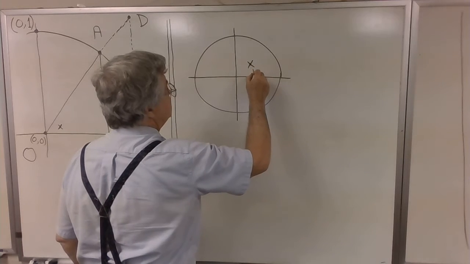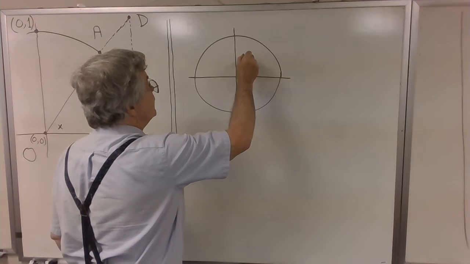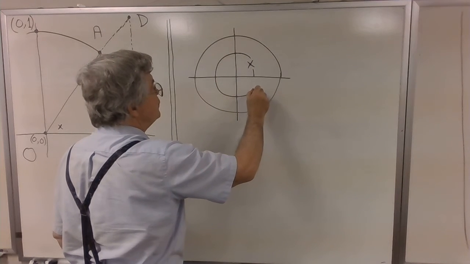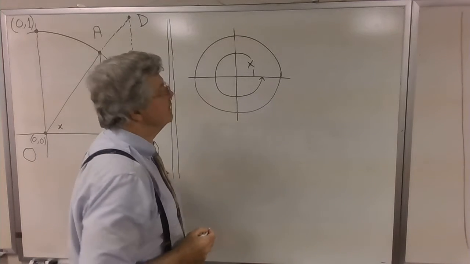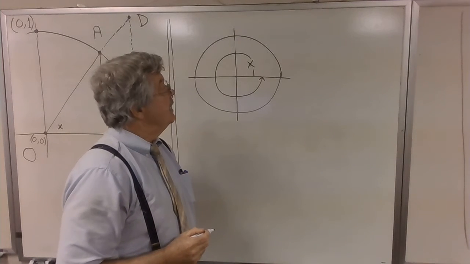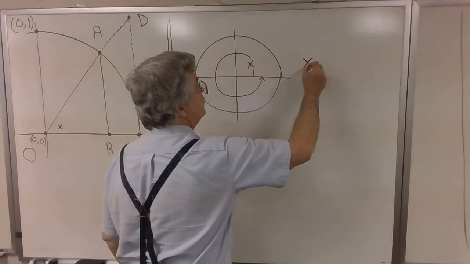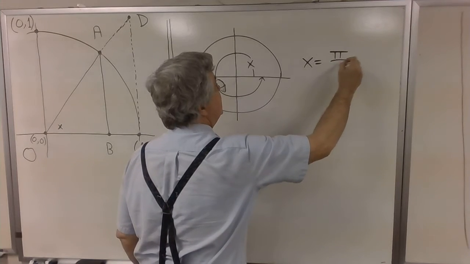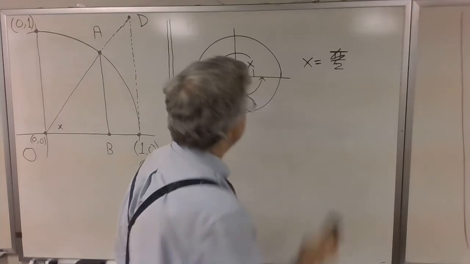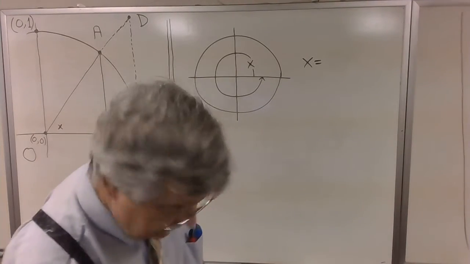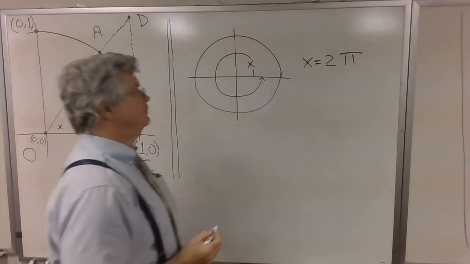Here's my angle x. We start at the positive x-axis, and we go a distance of 2 pi, and we wind up back at the positive x-axis. So x, the angle, is 2 pi.